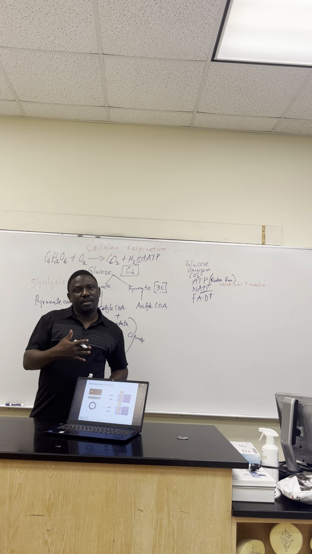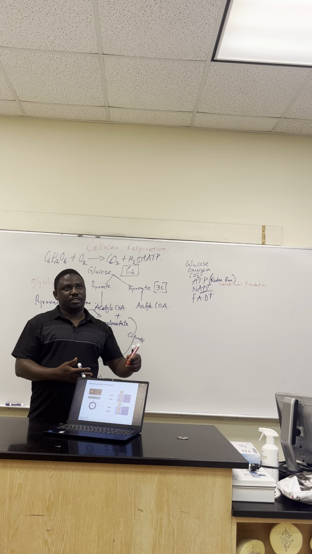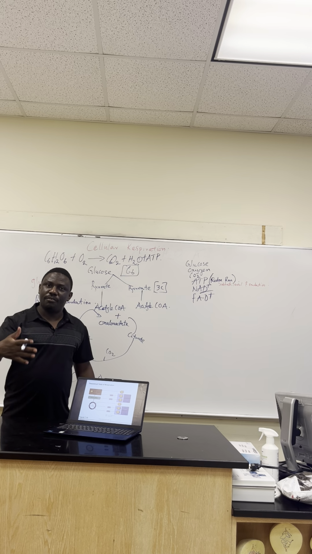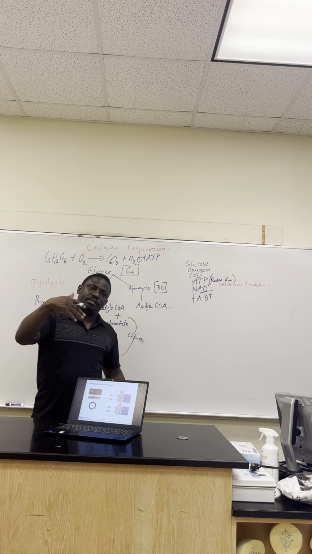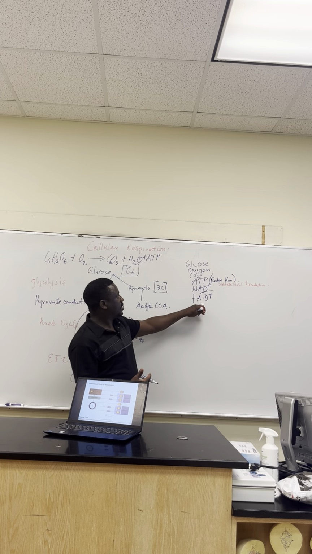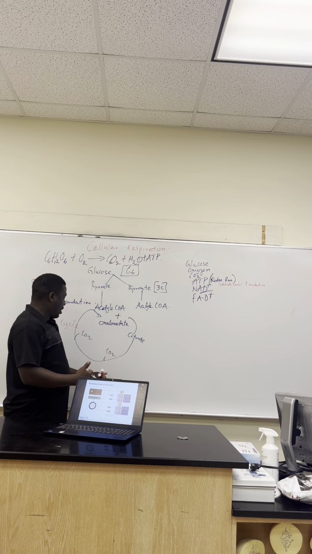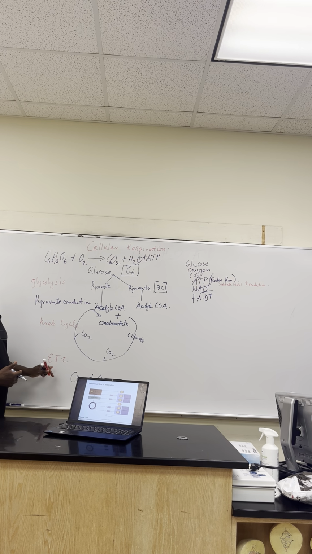So an electron is being accepted by a molecule, and the other one loses the electron. So electrons are what is being transferred from one molecule to the next and to the next. At the end of the day, the electrons are carried in these high energy electron carriers, and then they come down to the electron transport chain.